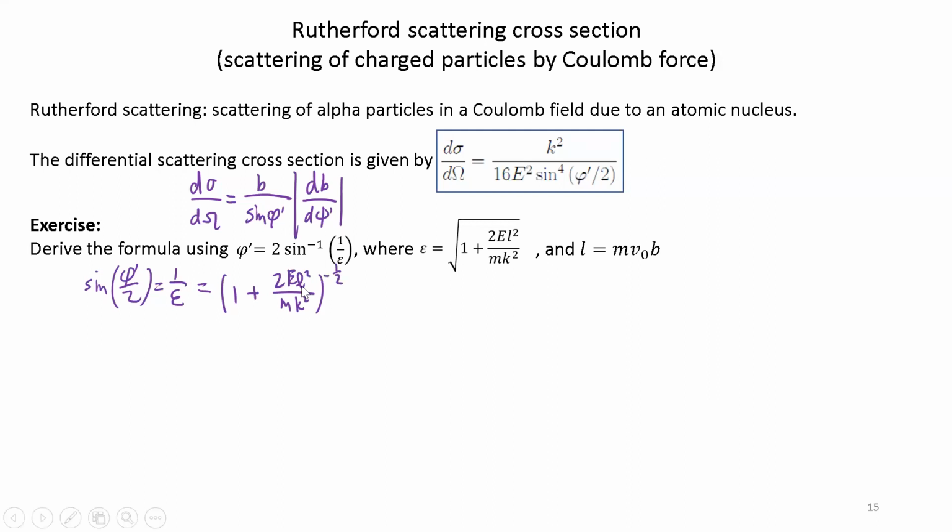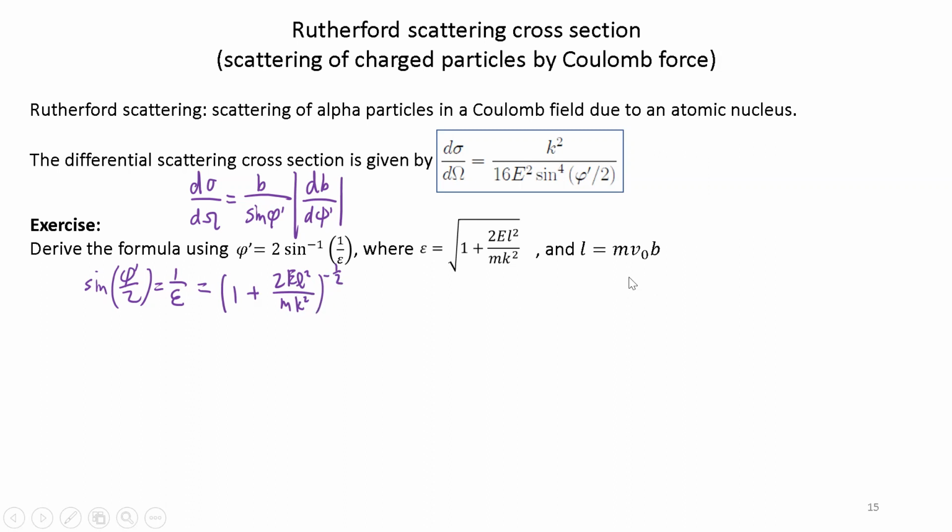So first of all, 1/epsilon is this, 1 to the power of -1/2. Then our goal is to work out how this is related to the impact parameter b.